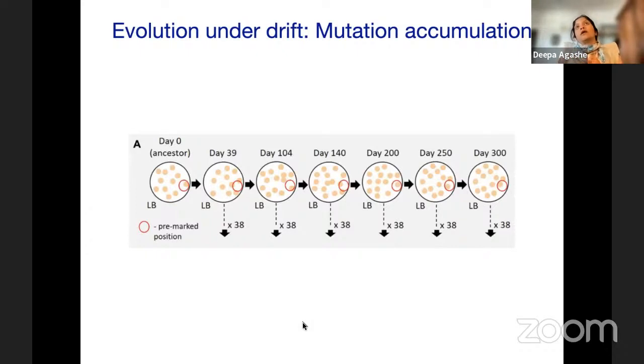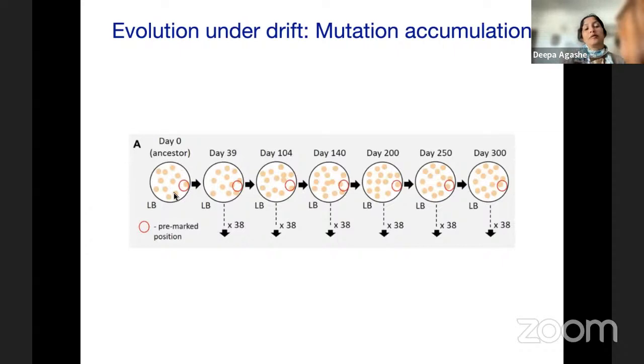But to understand what happens under selection, you very often need a comparison to what happens in the absence of selection, to understand the baseline, and then compared to that, you understand selection much better. So people use what are called mutation accumulation experiments a lot. Here's an example.